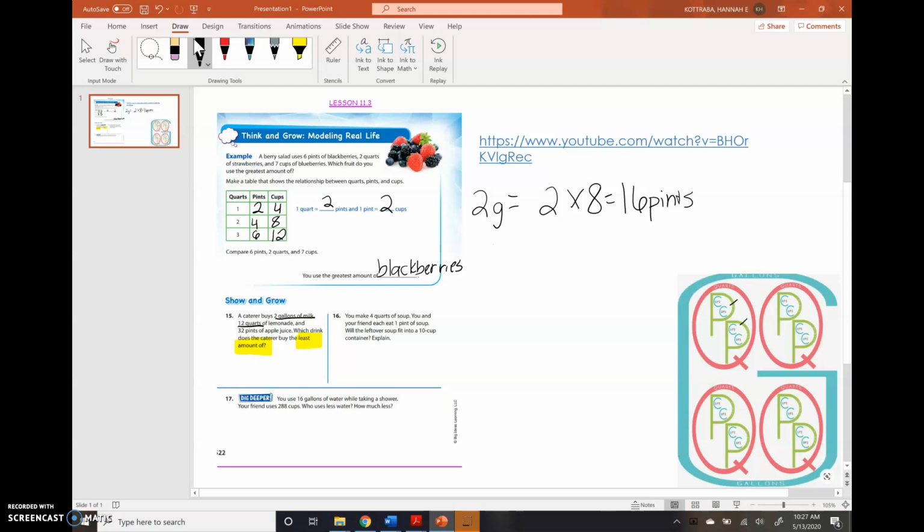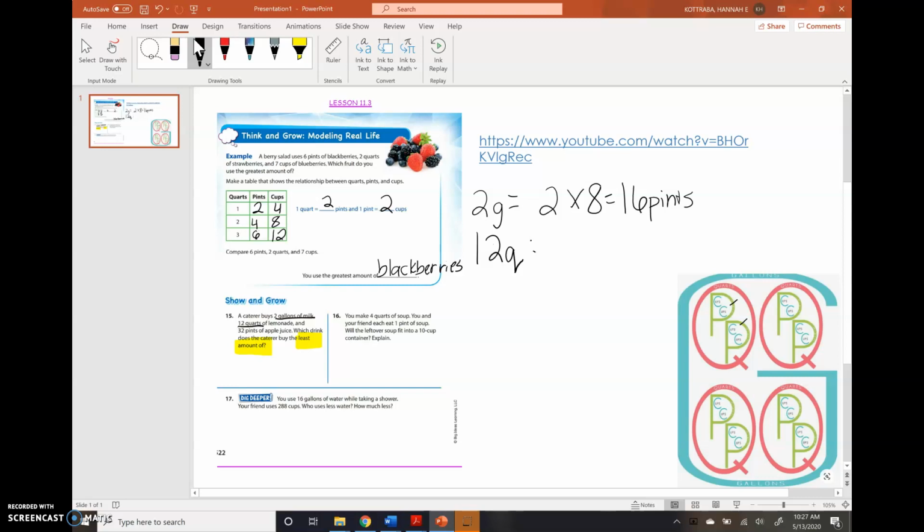Now we need to convert quarts. We have 12 quarts, and we're going to multiply that into pints.